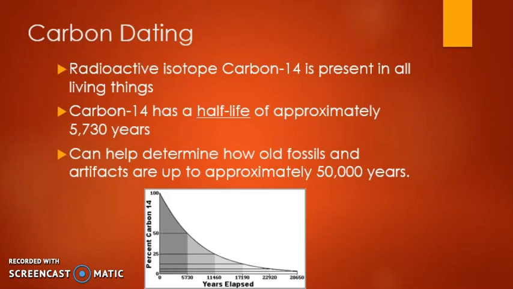Now this continues again and again, so as things get older and older past this 5,730 years, these bones will have even less carbon-14 in them. And so paleontologists are able to tell roughly how old a bone is that they're studying.